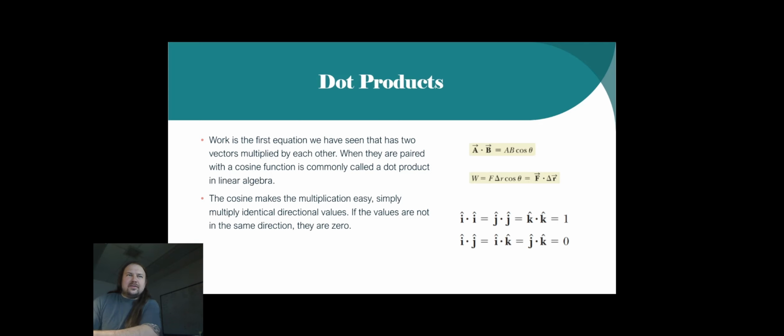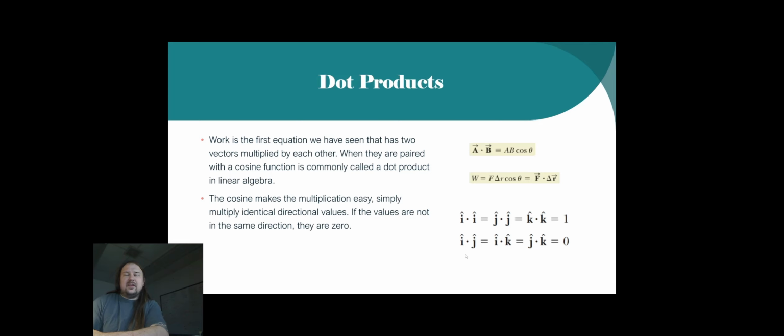All you have to do here is just multiply up identical directional values, and we'll do some examples of these, of course. If the values are not in the same direction, like you have some in the x and some in the y, you don't multiply those together, because if there are opposite directions, like an x and a y or a y and a z, those things fall away to 0 because they're all 90 degrees apart. Identical directional values, like an i hat and an i hat, is going to result in a 1.